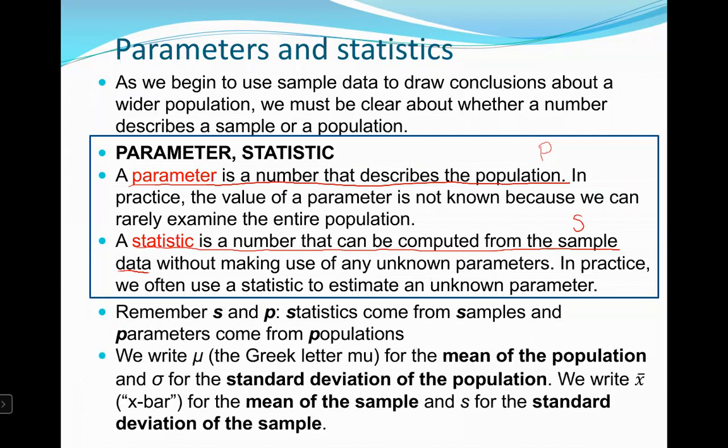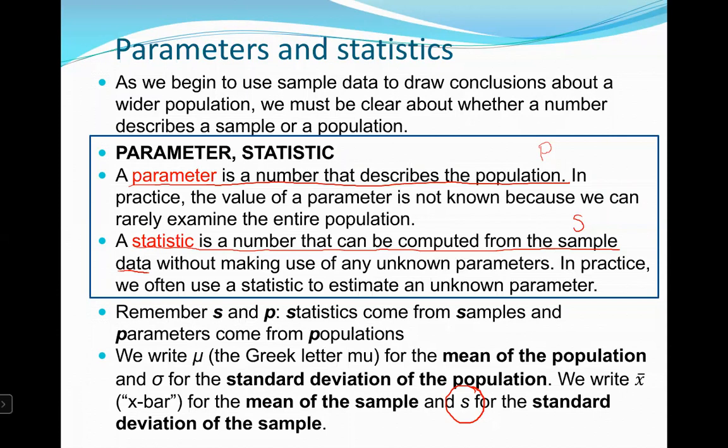S and P. We write mu, the Greek letter mu, for the mean of the population, and sigma for the standard deviation of the population. We write X bar for the mean of the sample and S for the standard deviation of the sample. Again, I remind myself that the S is not a Greek letter.